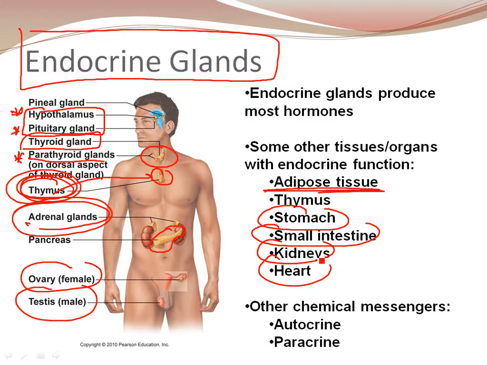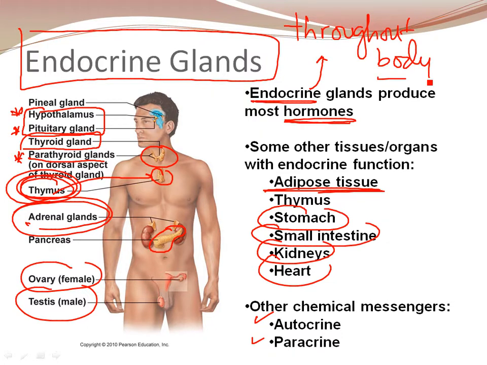A couple of other terms that you should be familiar with, because you may hear them from time to time during the course. Endocrine hormones travel throughout the body. So they get secreted into the bloodstream from the glands.